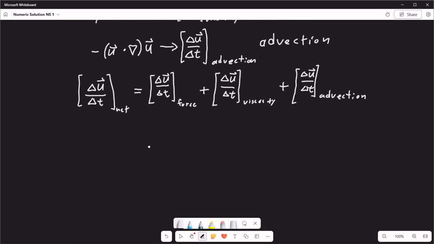So basically, I'm going to define a V here. So this is a definition. V vector.